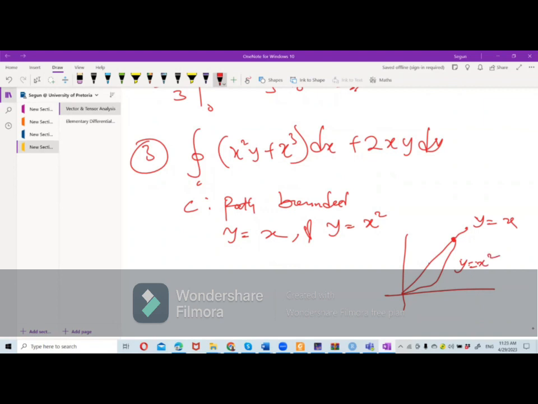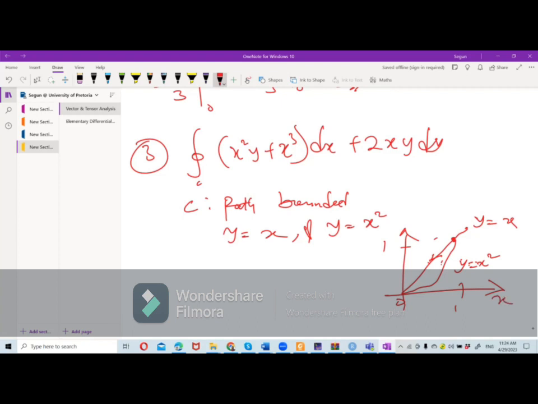Don't forget you have 0 here, you have 1 here, x also from x squared to x.